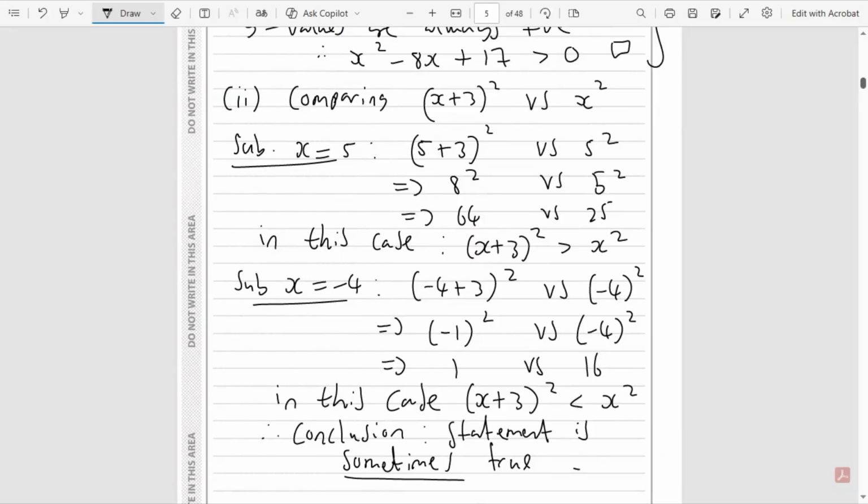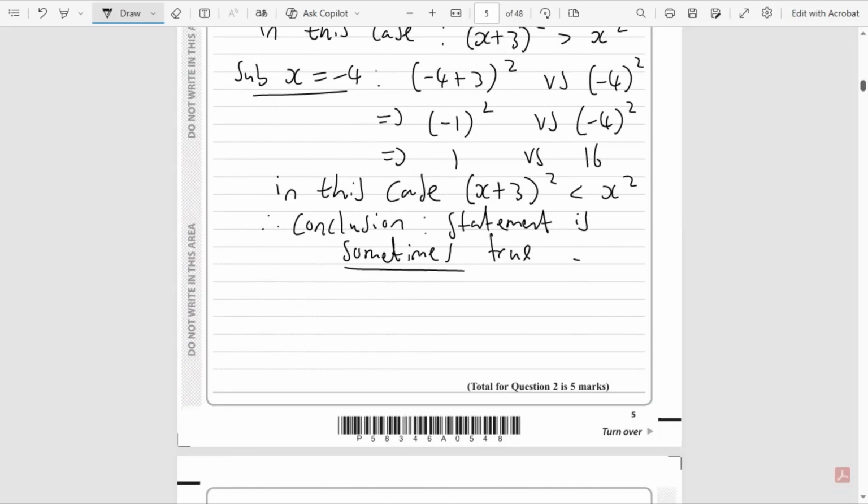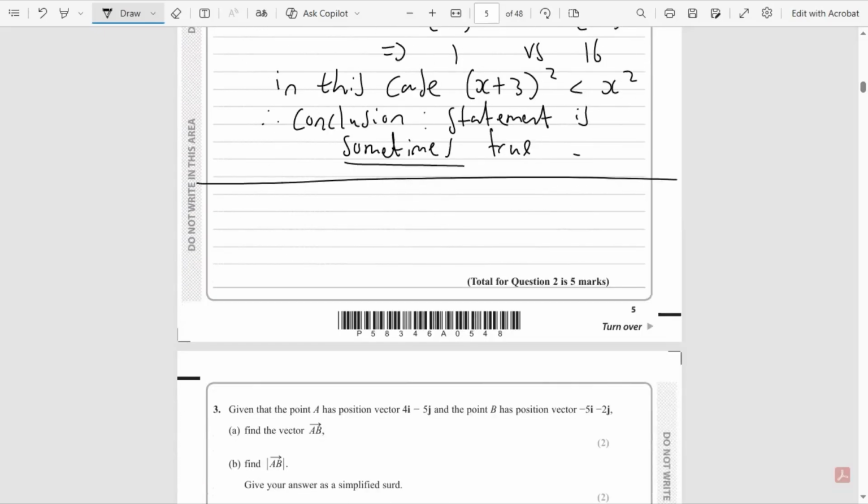If you want to do this question in a more algebraic way, again, we're comparing x plus 3 squared versus x squared. So this is equivalent to comparing x squared plus 6x plus 9, I've just expanded the brackets, versus x squared.